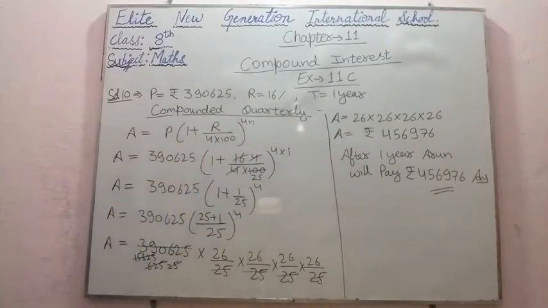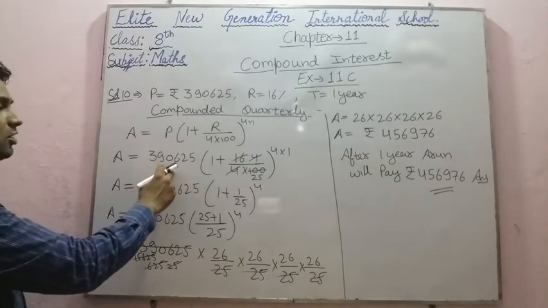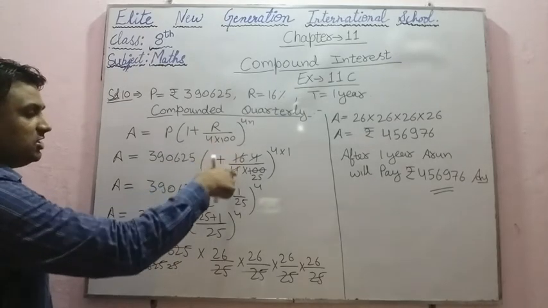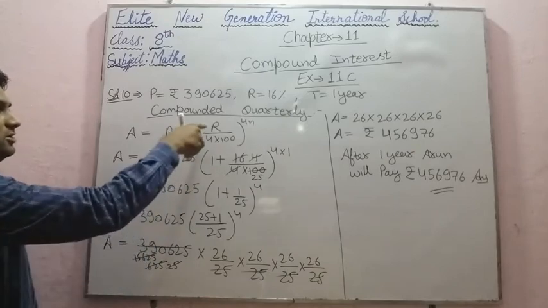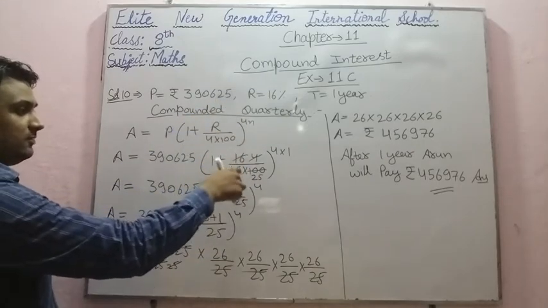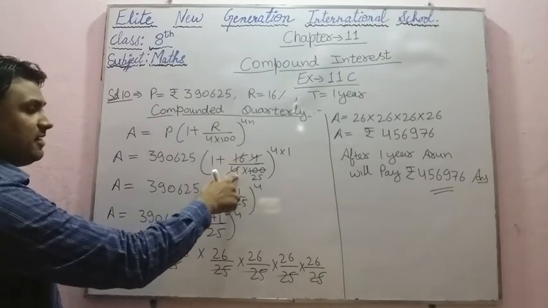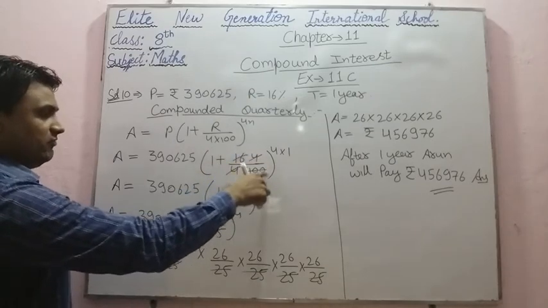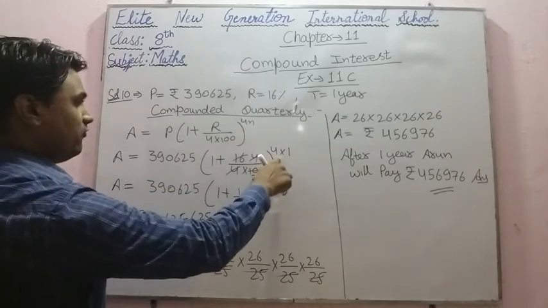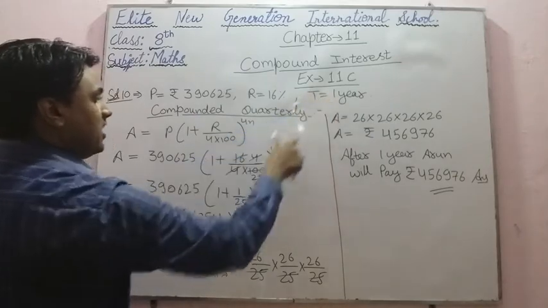So in this, 3,90,625 into 1 plus 16 upon 4 into 100, in place of R we will write 16 upon 4 into 100. So here this 16 will be cancelled by this 4, 4 times, and this 100 will be cancelled by this 25, 4 times, and here 4 into 1 time, we have 1 year.